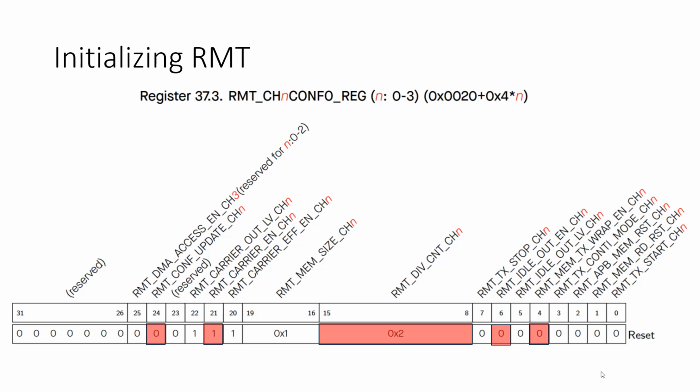Then we have the RMT div count. Now this one is the divider? Yeah, the other one looks like a global divider, and this is a local divider. Right. So we're going to set that to 0 though, right? Either 0 or 1.